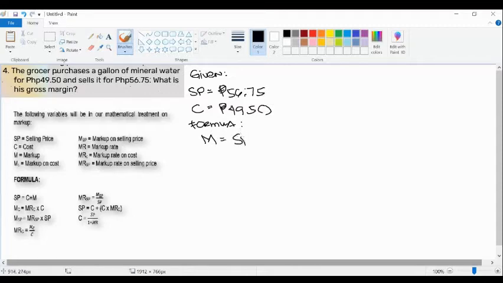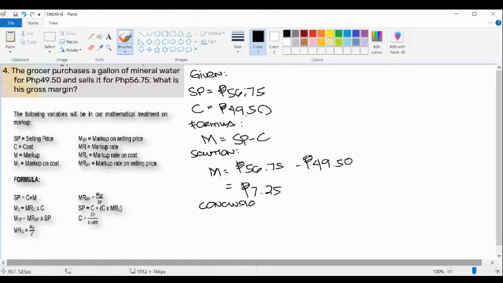So our formula would be the gross margin or the margin, that is selling price minus the product cost. So our solution would be 56 pesos and 75 cents minus 49 pesos and 50 cents. So it will give us an answer of 7 pesos and 25 cents. So our conclusion would be the margin or the gross margin is 7 pesos and 25 centavos.